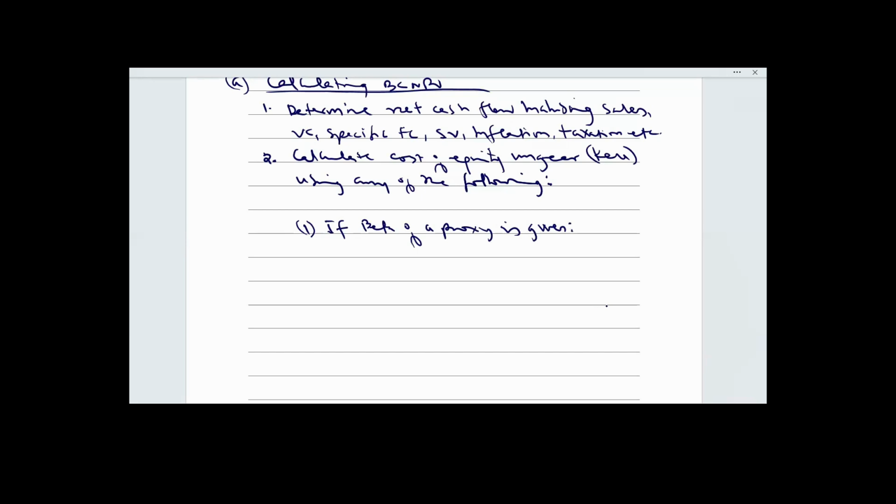then there are three procedures you are supposed to carry out. The first procedure is to identify the proxy beta. Step two, ungear the beta if geared.